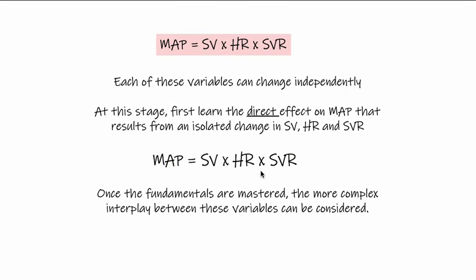So if we can get you to get those direct effects down, then as you continue along in your medical career, we can then have a better understanding of how complex these different variables can be as far as impacting mean arterial pressure. But right now, I want you to stick with the direct effects of changing these and the effect it would have on mean arterial pressure.